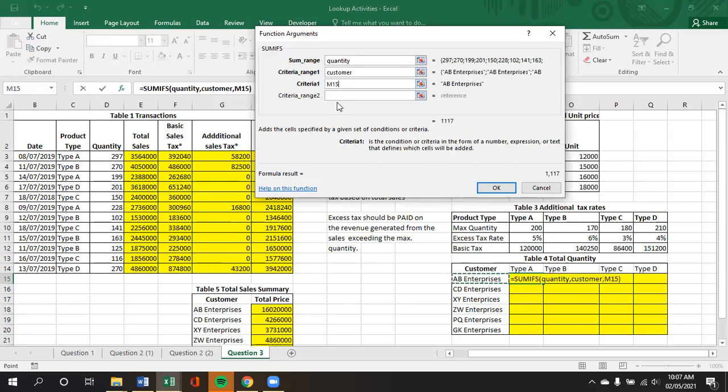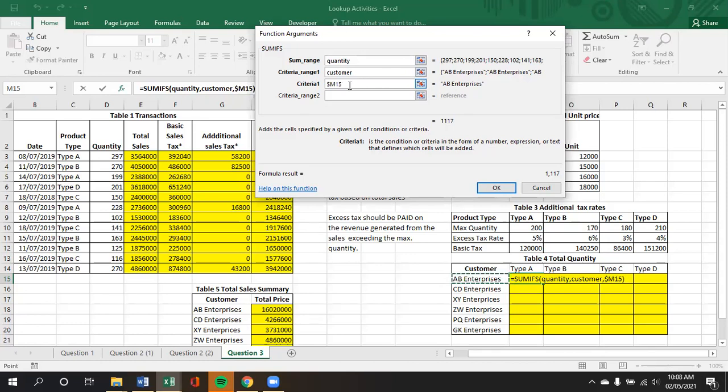Here you need to be a little conscious because you are going to drag this vertically and horizontally. You need to make sure that when you are dragging, you know what you don't want to change. When it comes to this AB enterprise, there are several types of product. So when you drag that horizontally, you want to ensure that the column is not going to change, but the row changes.